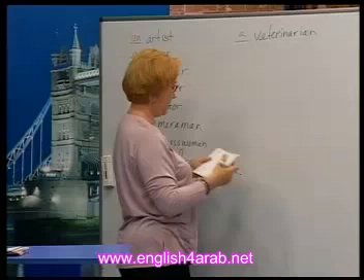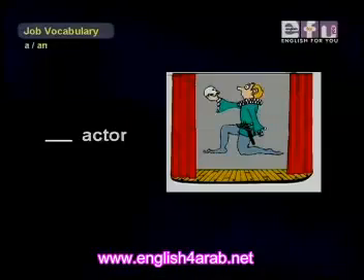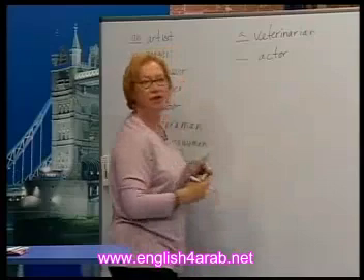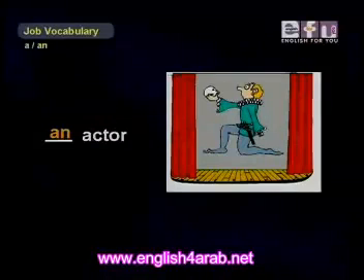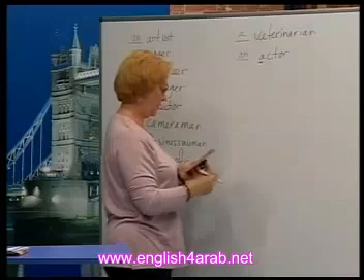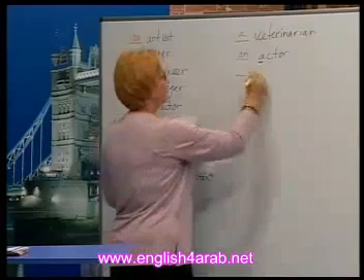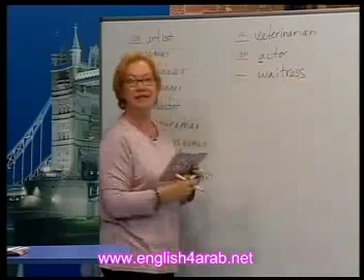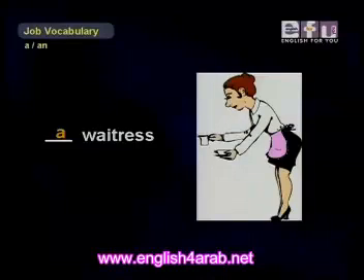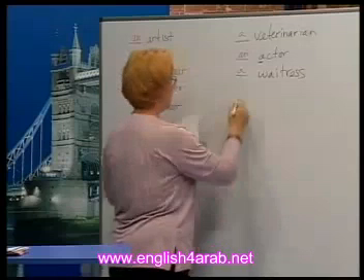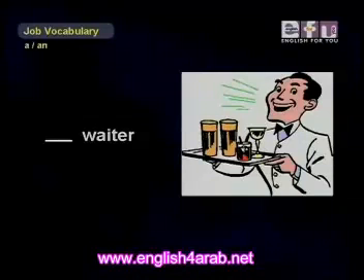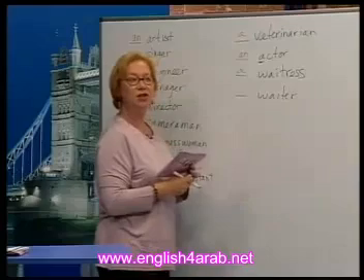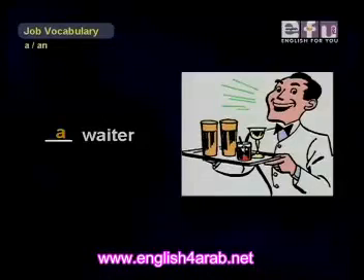Okay, Ali, you get a short one. Actor. An actor. Okay, because of that a. Good. Isabel. Waitress. A waitress, yes. Okay, and we have waiter. Lisa, waiter. A waiter.